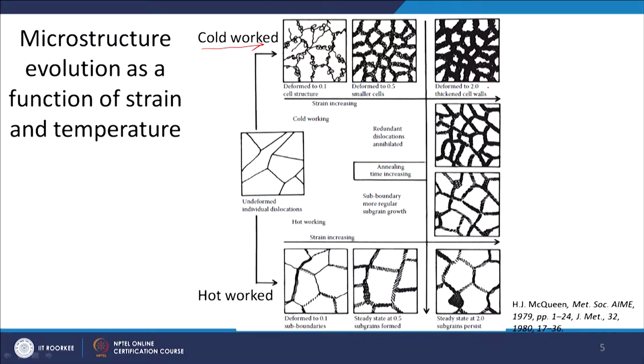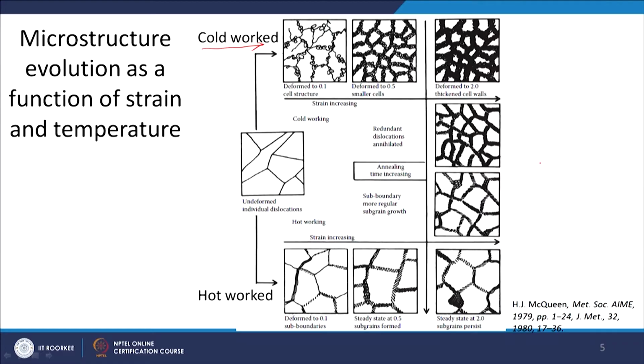Cold work microstructures are at the top and hot work microstructures are at the bottom. I would say the demarcation between cold work and hot work will be 0.4 of the melting point of that material. Below this we will say cold work, above this we will say hot work.